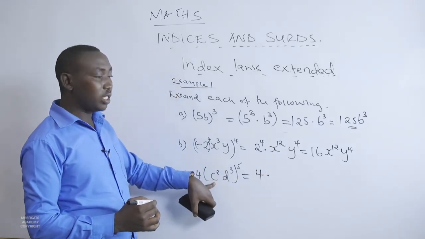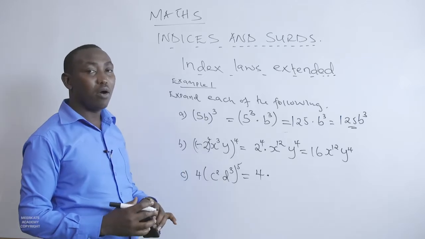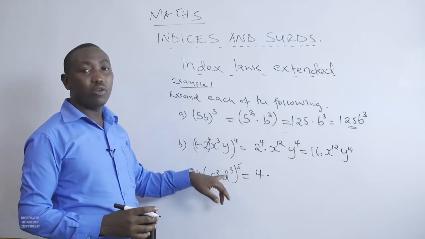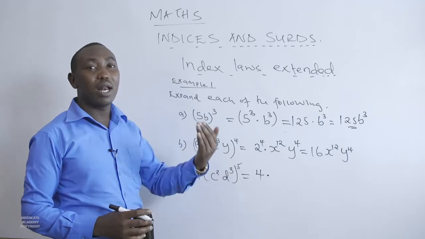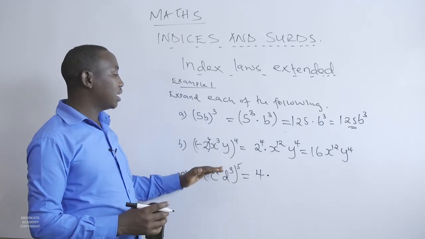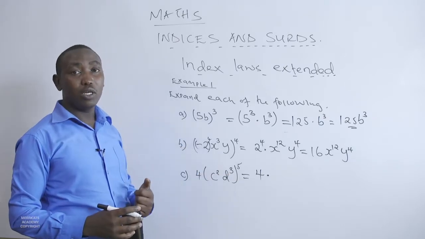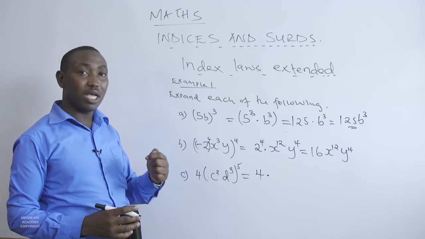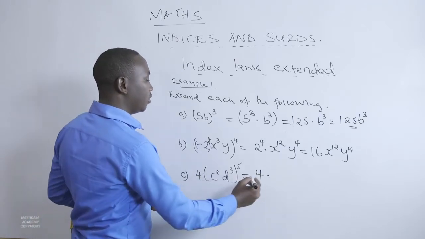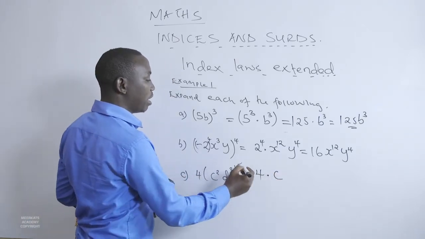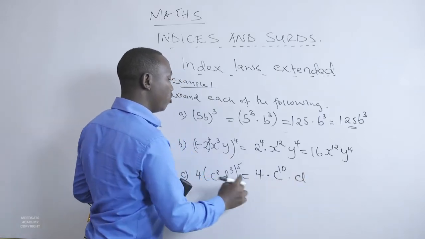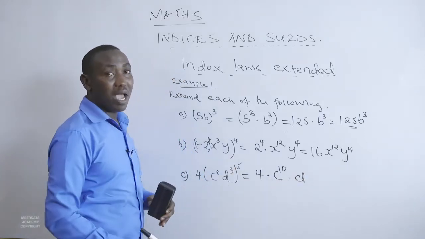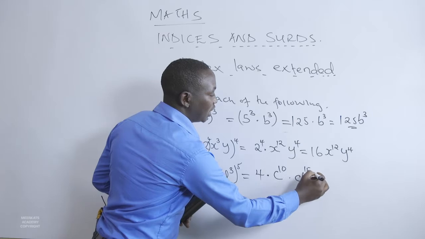Then we raise c squared to the power of 5, and again you recall that this is raising a power to another power. When you raise a power to another power, we multiply the powers for us to have the result. So this will give us c raised to 2 multiplied by 5, which is 10, multiplied by d cubed, that will be 3 multiplied by 5, which will give us 15.